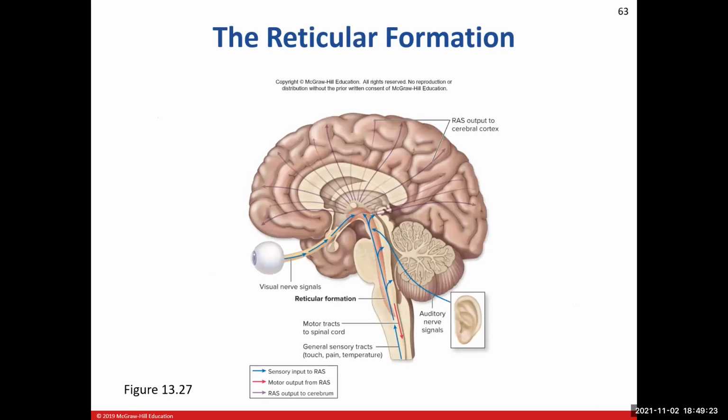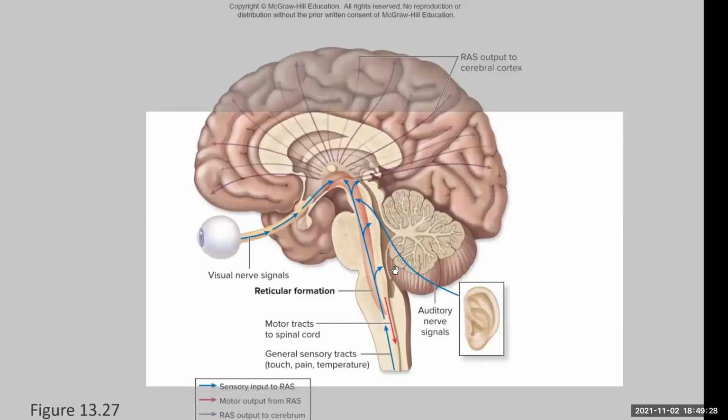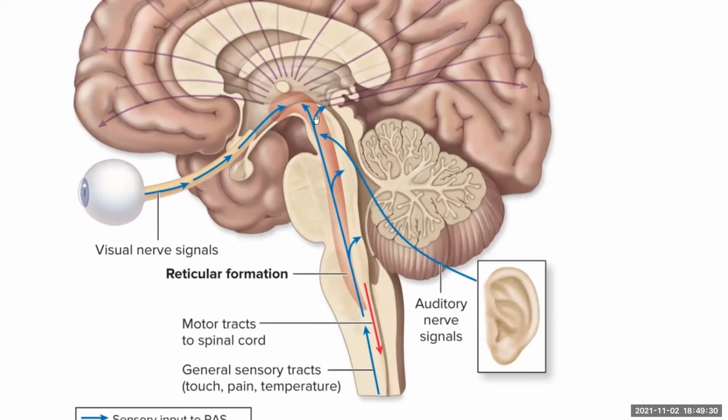But you can see here with our reticular formation, here's the reticular formation found all throughout the brainstem. The blue arrows represent the sensory input, and the red represents the motor output. So you can see how hearing and vision come into the reticular formation, specifically the sensory aspect, to help with your levels of alertness and consciousness.